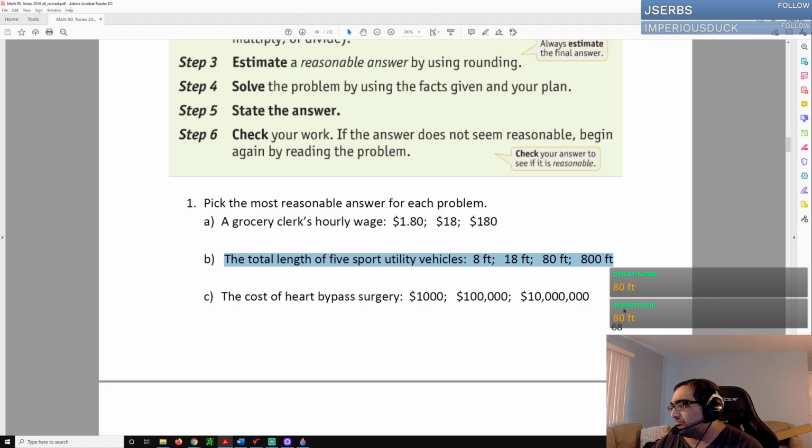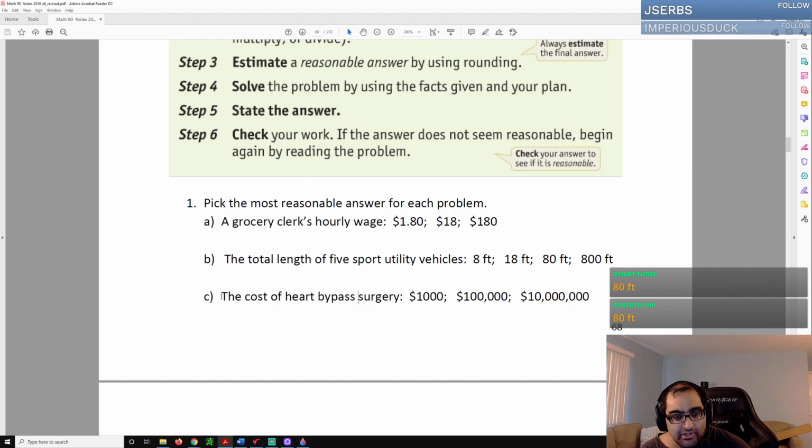Okay, 80 feet would be right. Now, SUVs are pretty long vehicles, and if you stack 5 of them end to end on, let's say, a side street, then 80 feet would probably be the most reasonable.